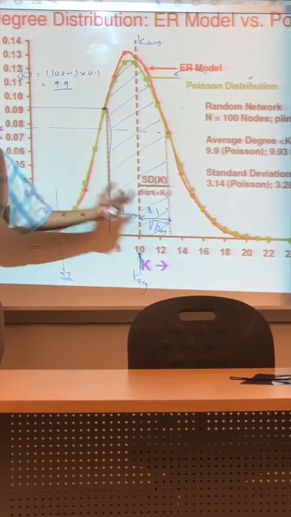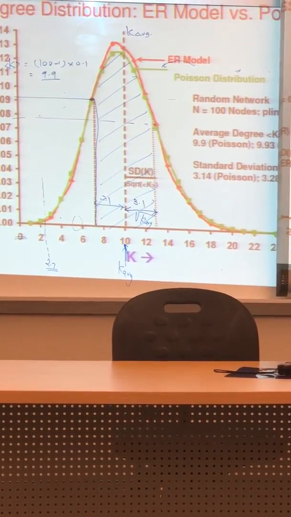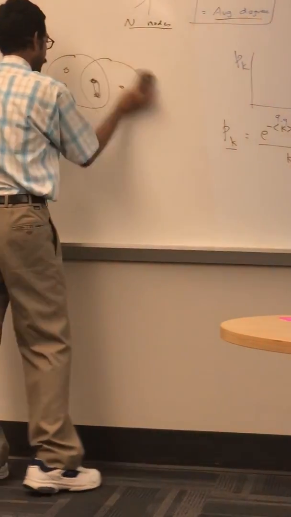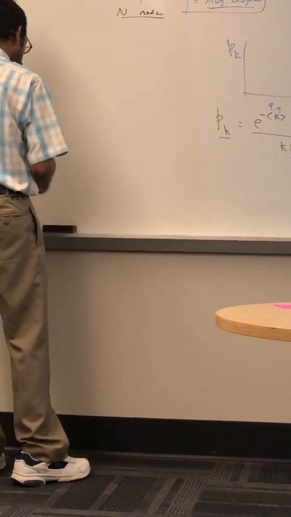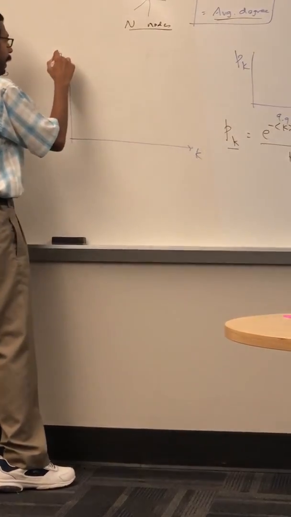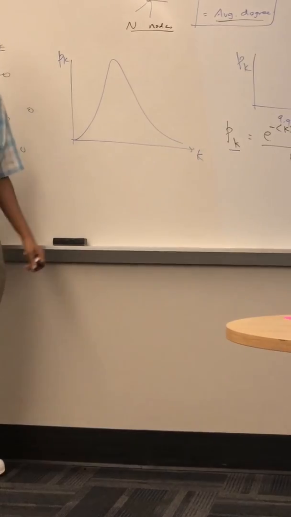Okay? So why do I say all these things? Because later we'll look at what are called scale-free networks. So for scale-free networks, what's the nature of the distribution? We saw the curve earlier in the first module. It will be like this, K versus Pk. It will not be a Poisson curve like this. This is Poisson. Okay?